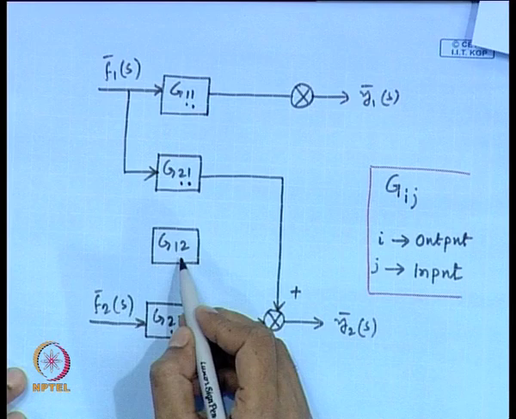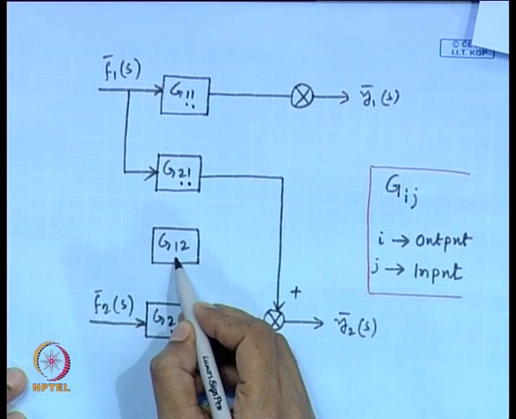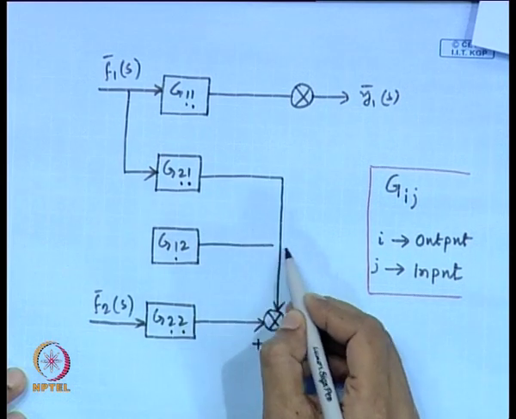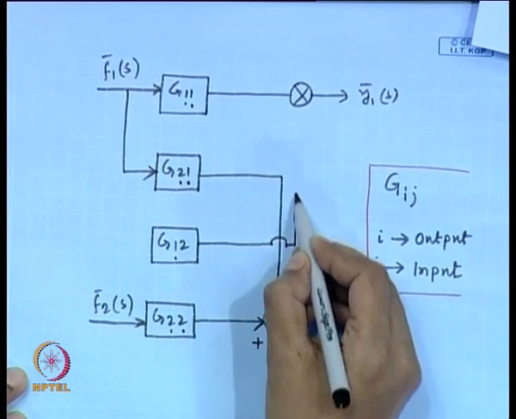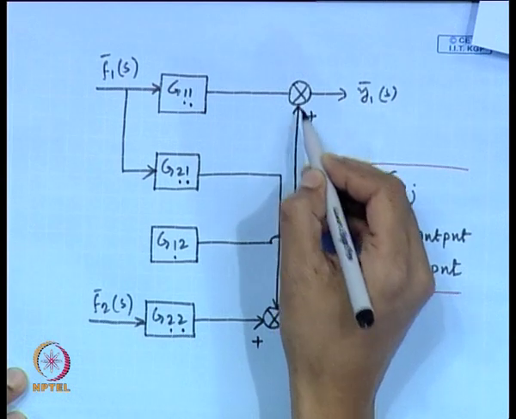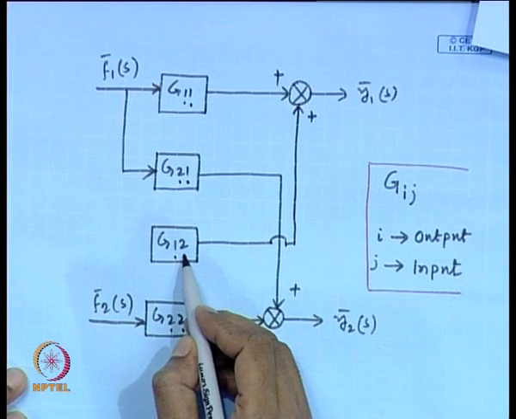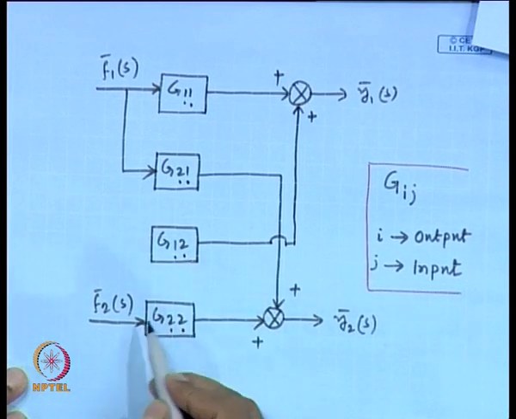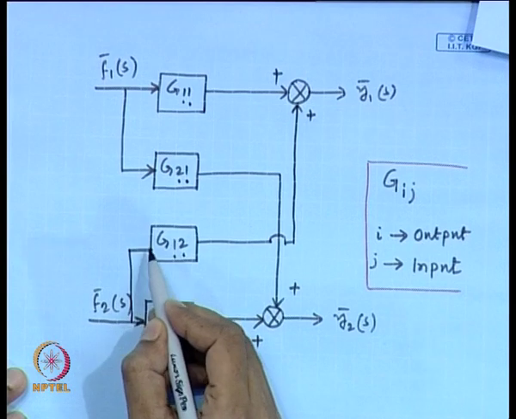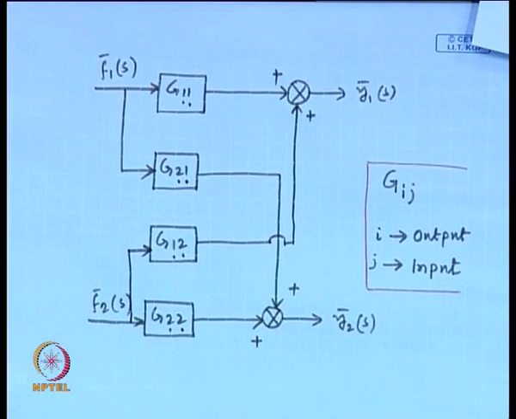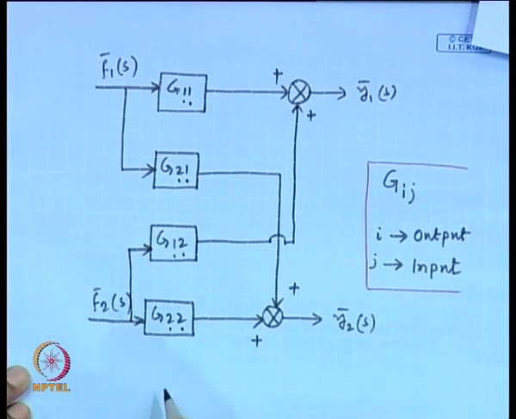Similarly, for G12 first suffix is 1, that means y1, and second suffix is 2, that indicates second input, that means f2. Fine. So, this is the block diagram of the multi input multi output system.